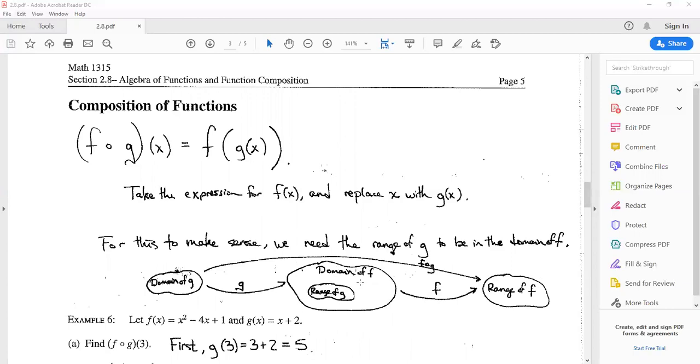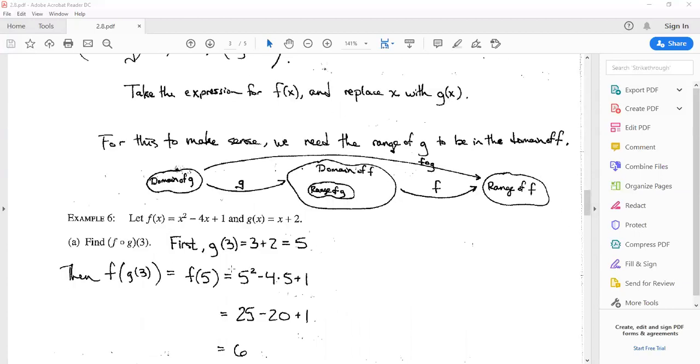Okay, so let's try it here. Let f of x be x to the fourth minus 4x plus 1, and let g of x equal x plus 2. So first, they ask us to find f of g of 3. The inside function here is g of x, so we'll do g of 3 first.